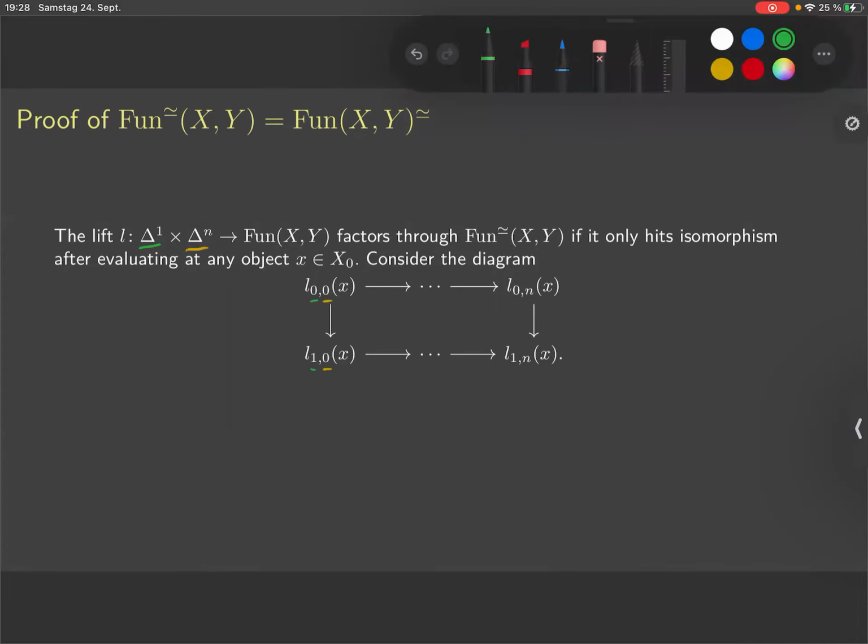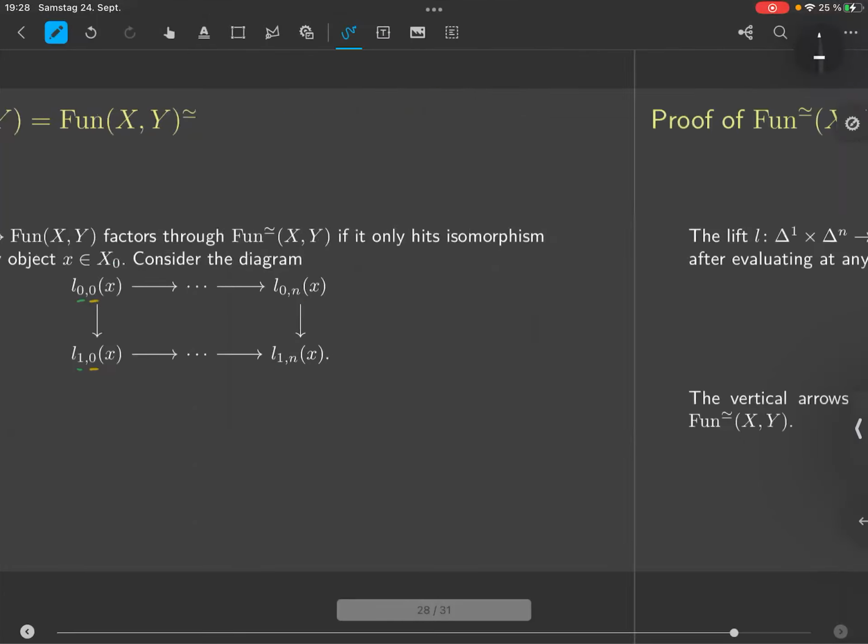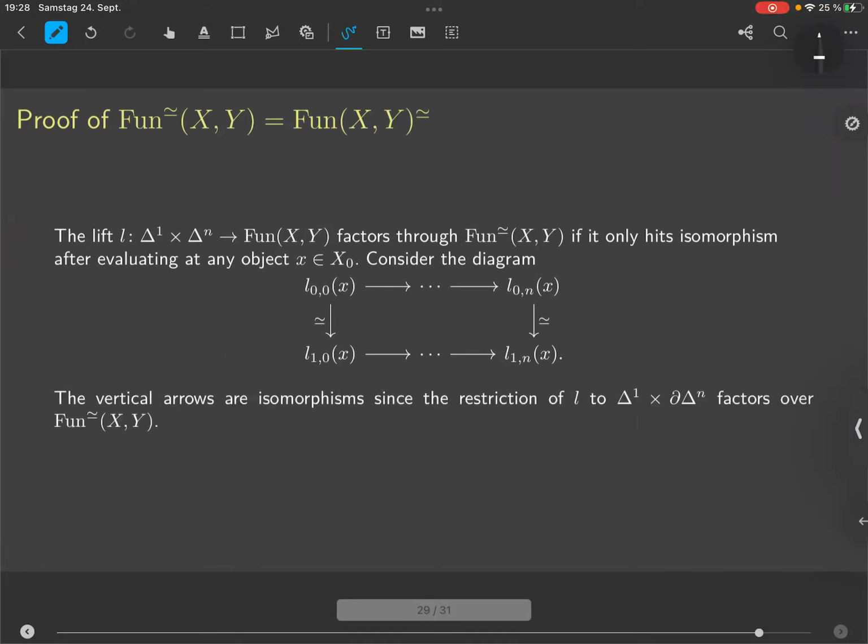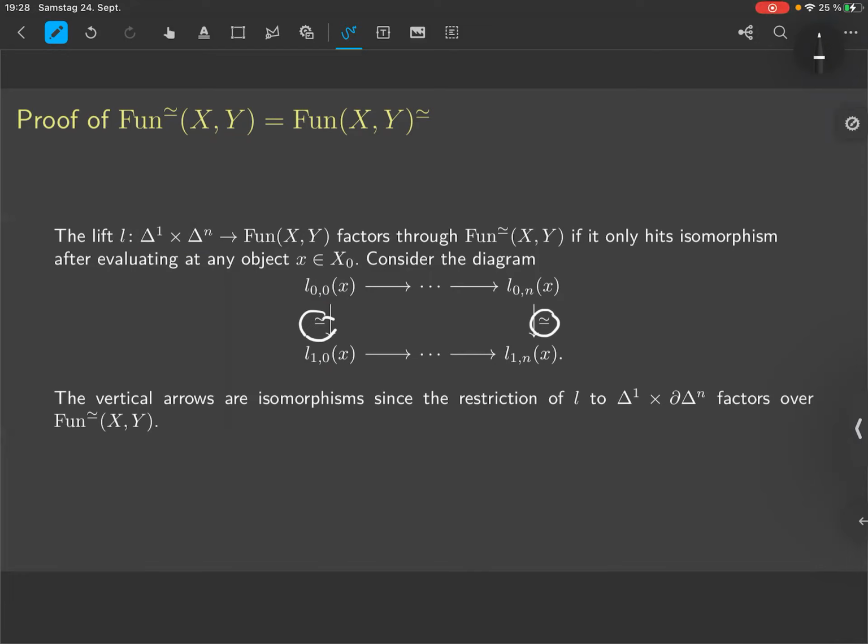Okay, and when we do that, we have that these two maps are isomorphisms, because L restricted to delta 1 cross the boundary factors over the functor category, which has object-wise isomorphisms.